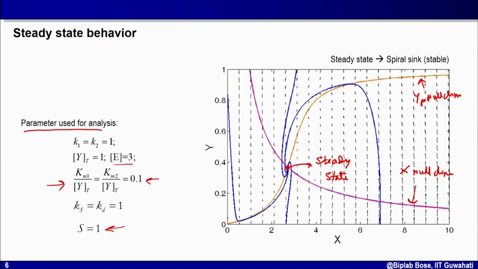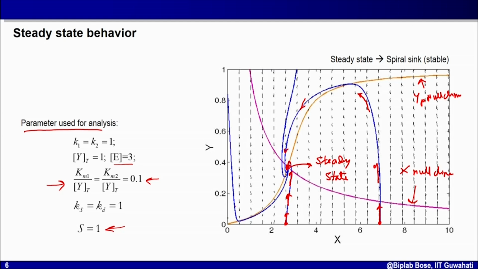And these arrows here, which are not very clear in this picture, actually show the phase portrait. I can start from one point; I have shown one trajectory by this blue line. If I start from here, the phase portrait tells me the system will move along this trajectory and eventually collapse at the steady state.